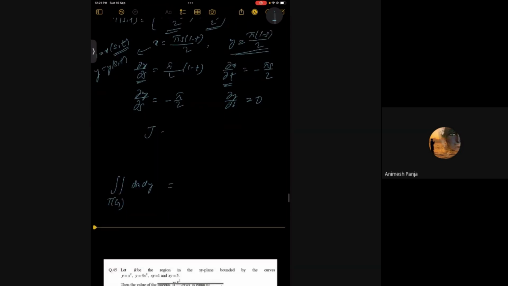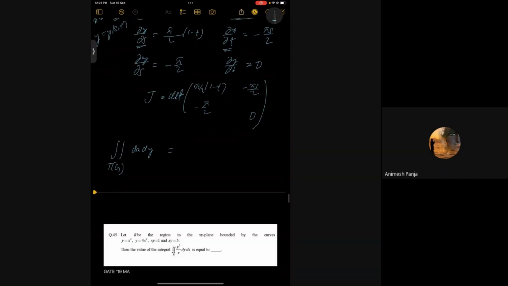So the Jacobian is the determinant of pi by 2 (1 minus t), 0, minus pi s by 2, minus pi by 2. That is nothing but minus pi square by 4s. That is our Jacobian.